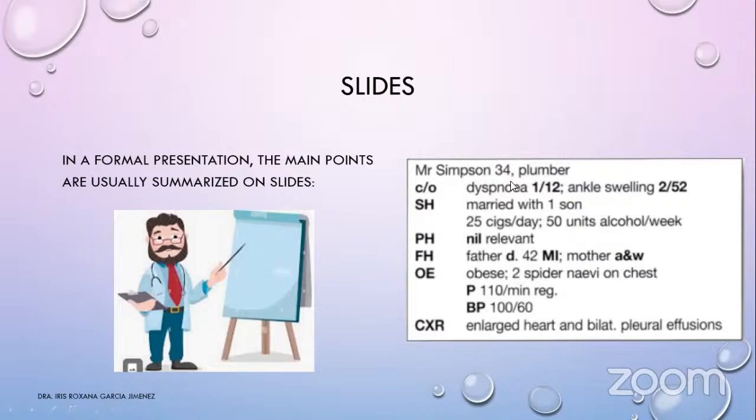Mr. Simpson, 34, plumber. Okay. Then we said complaint of dyspnea 1/12, ankle swelling 2/52. Then we got the social history.